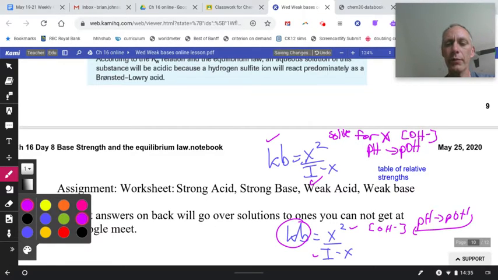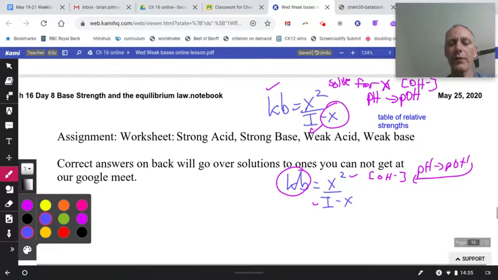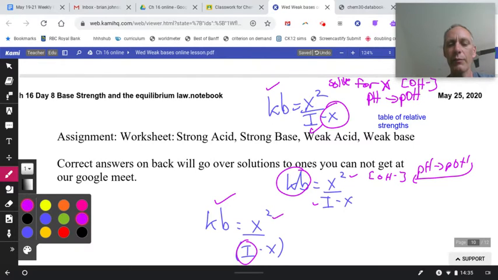So in the first one you're solving for x, and in this one you're solving for Kb. Using those big, beautiful brains of yours, can you tell me the third thing you could be asked to solve for? That's right, the initial concentration. So I could give you Kb and the pH, and ask what the initial concentration was.